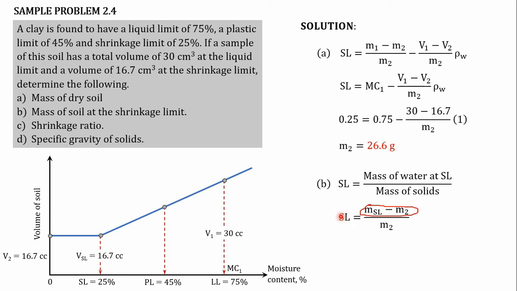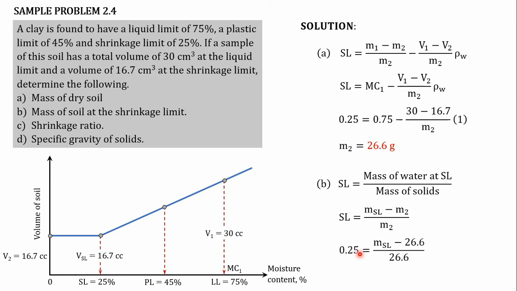Okay? So, we have the shrinkage limit is 25%. So, therefore, yung M2 natin is solved na, which is equal to 26.6 grams. Okay, so therefore, yung equation natin, magkagaganito.